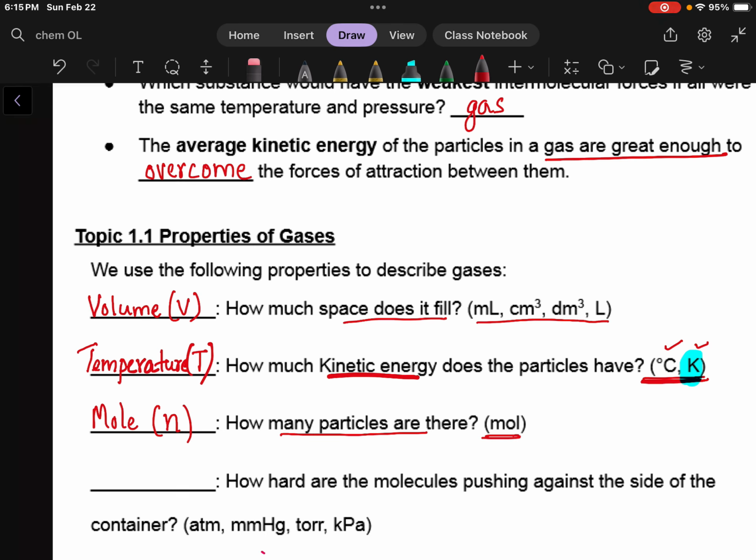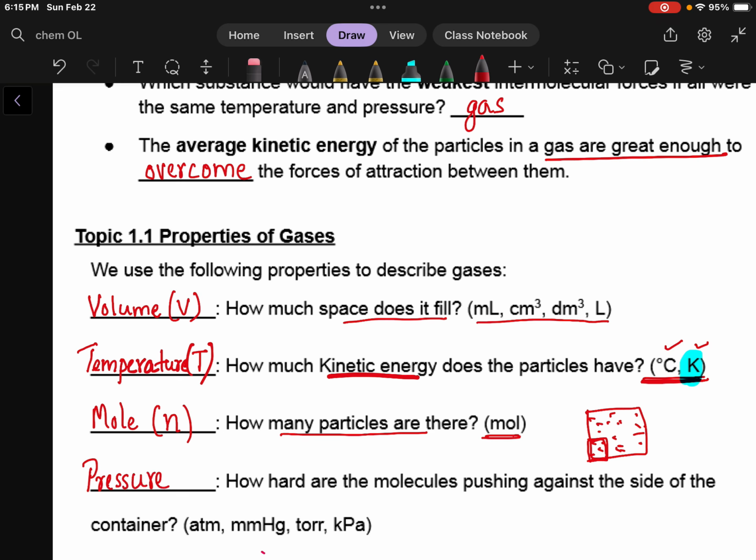The last property we are going to talk about: we saw that simulation, right? The molecules are continuously moving and colliding with each other. How much collision will happen in a unit area of the walls of the container? That is called pressure.